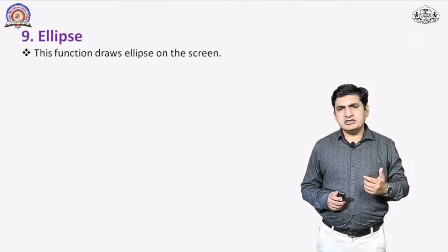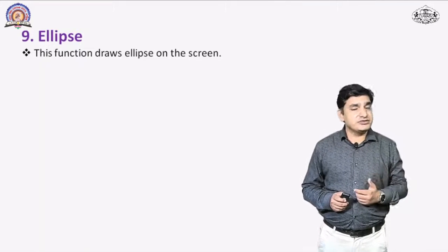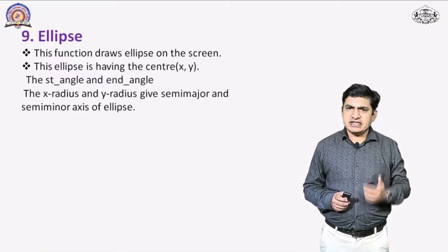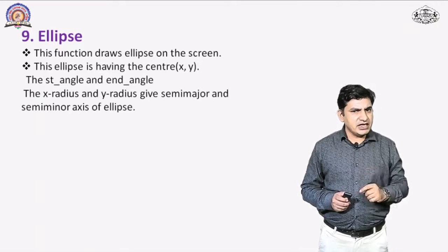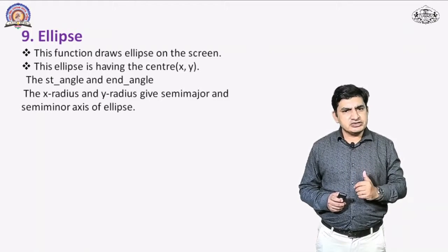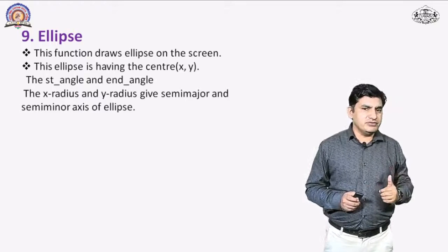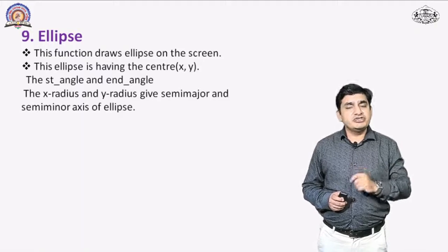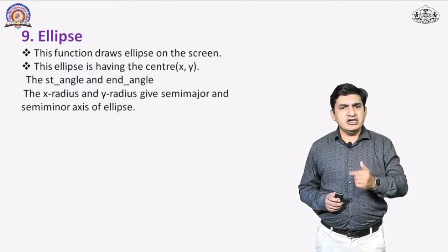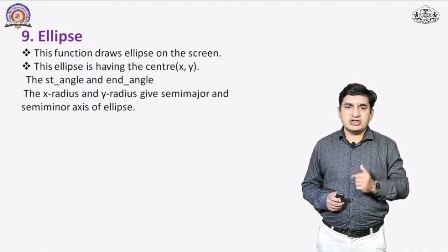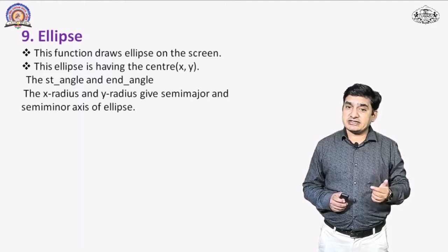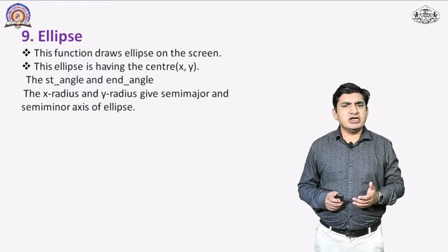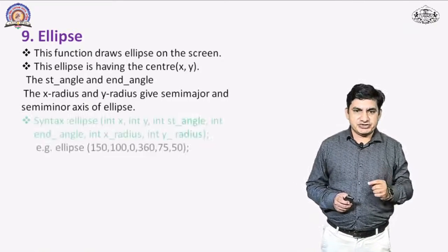Now, we have to draw an ellipse. This function draws an ellipse on the screen. The ellipse has center x, y, starting angle, end angle, and when we have to draw an ellipse, we require x radius and y radius, which give the radius along the semi major and semi minor axes of the ellipse.